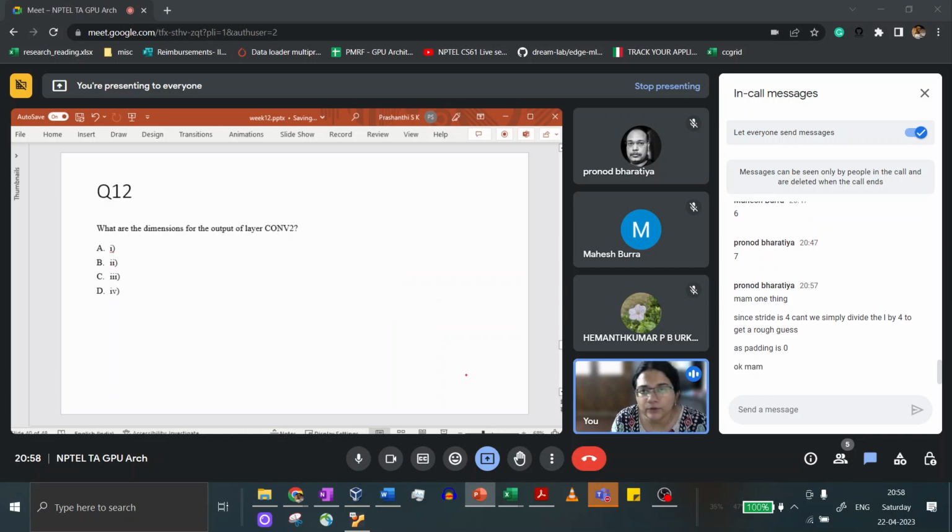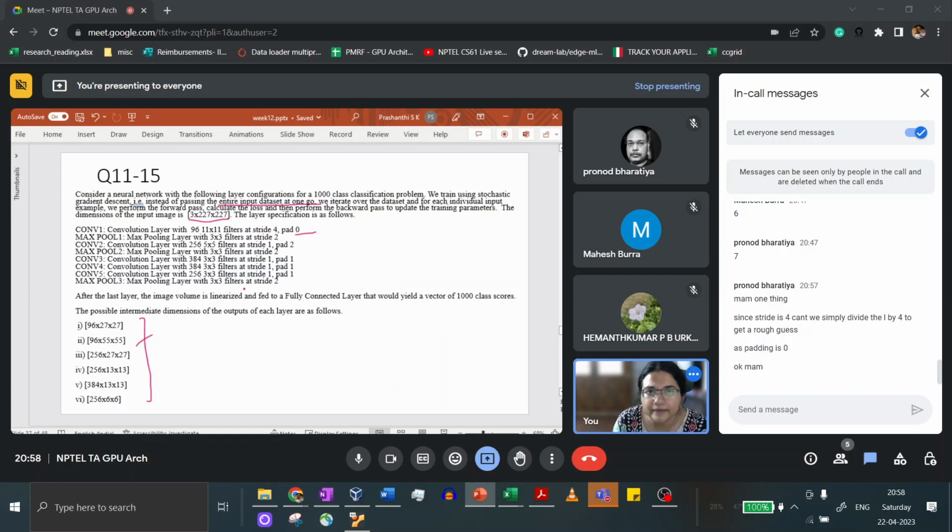Okay, we'll do one more question and then finish up. Dimensions for the output of layer conv2. So again, let's go back here. This is your conv2. So there's a max pool layer after what we discussed.